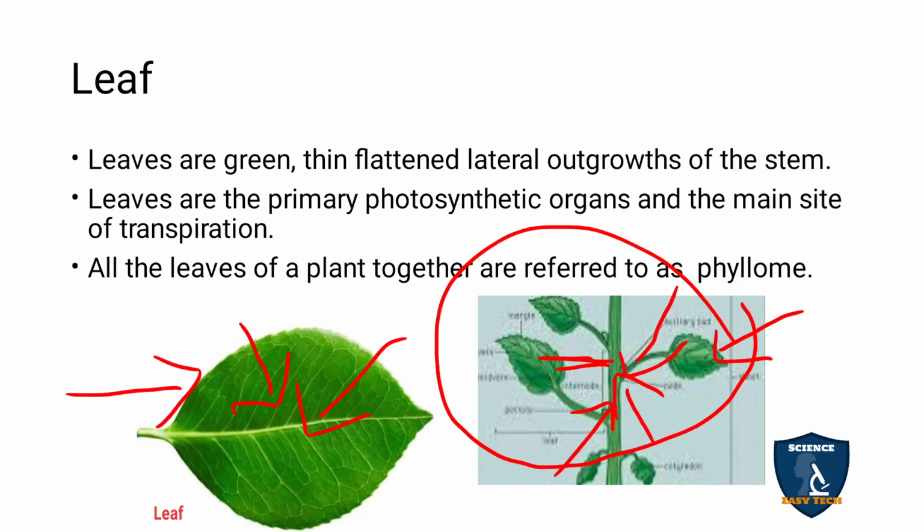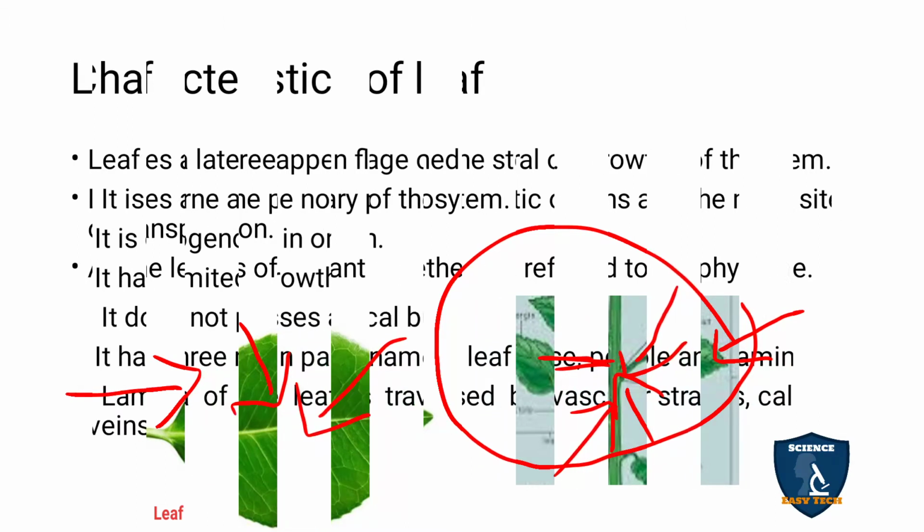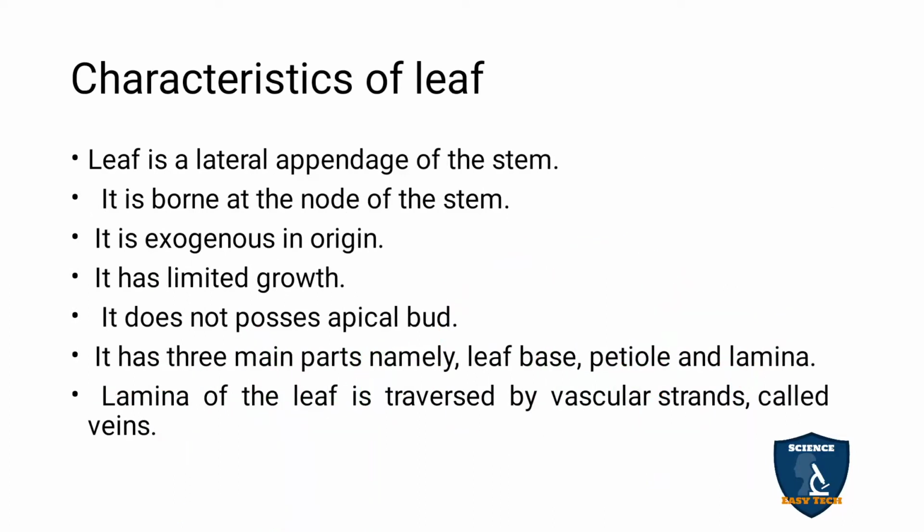So from the node only, which is present on the stem, the leaf is arising. It is exogenous in origin because it is an outgrowth which originates from the epidermis of the stem. So that's why it is exogenous in origin, and it has limited growth.